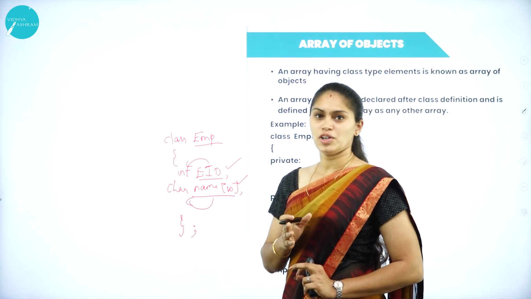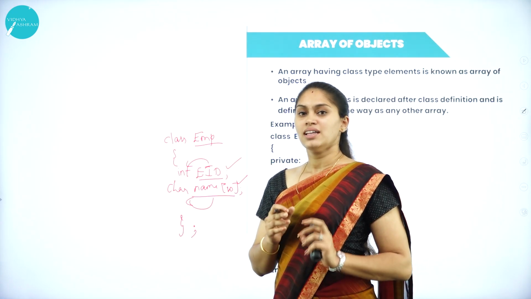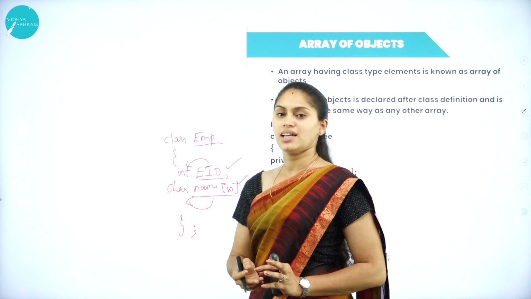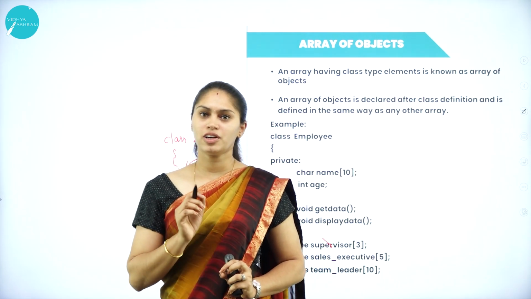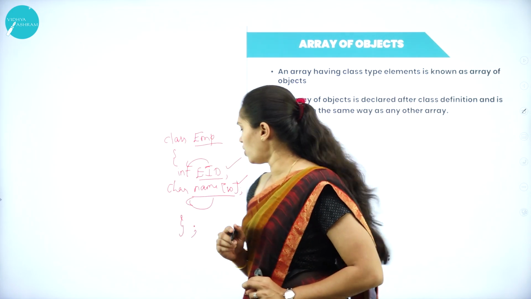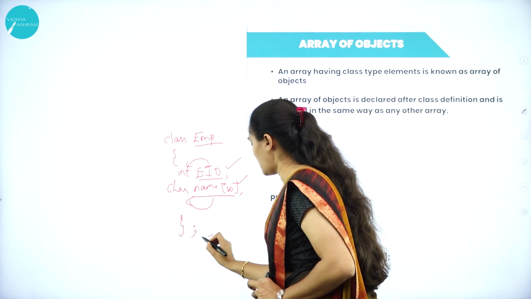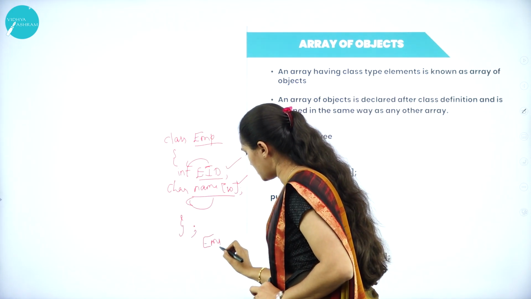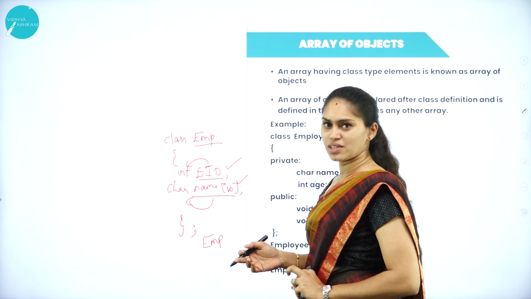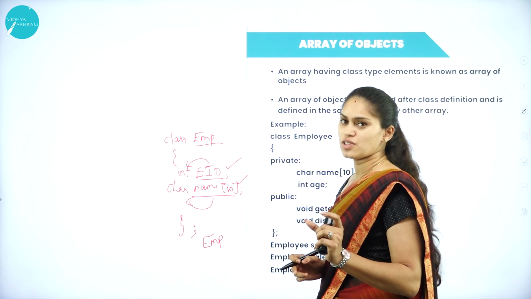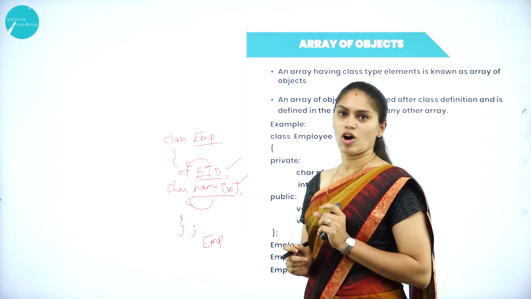If I want to access the data members, then I need to create an object and I must call this data member with the help of the dot operator. So let me create an object for this class Employee. What is the class name? EMP. And how to create an object for a particular class? First we need to specify the class name, then the object name.